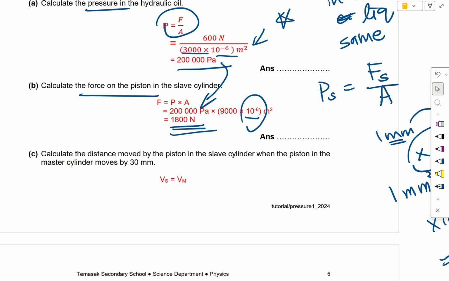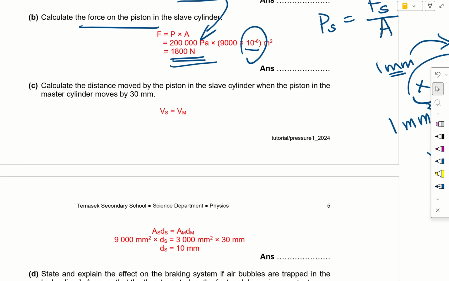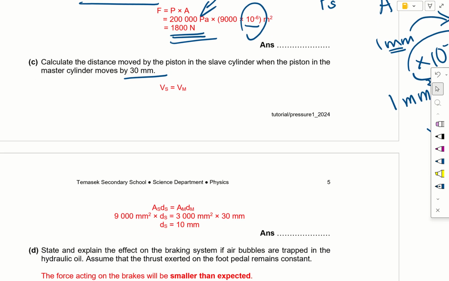Yes, because let us now calculate the distance moved by the piston in the slave cylinder when the piston in the master cylinder moved by 30 mm. This one will also be covered in the chapter of energy, maybe you can come back and talk about it.